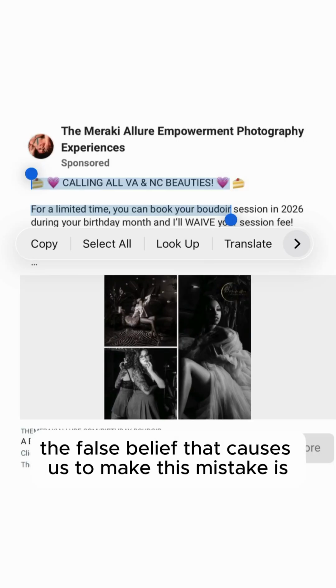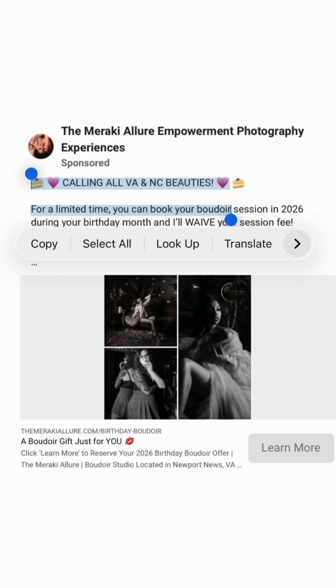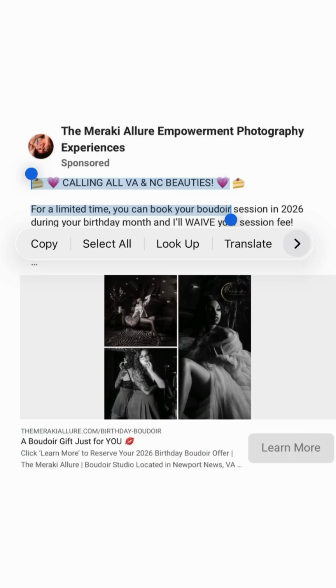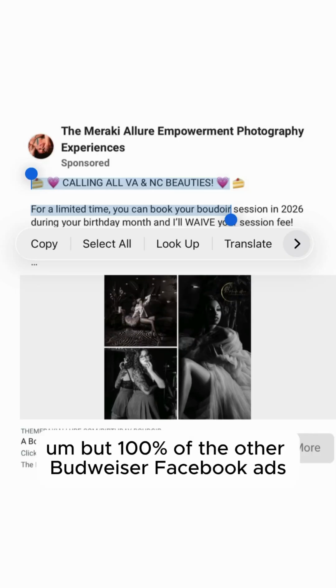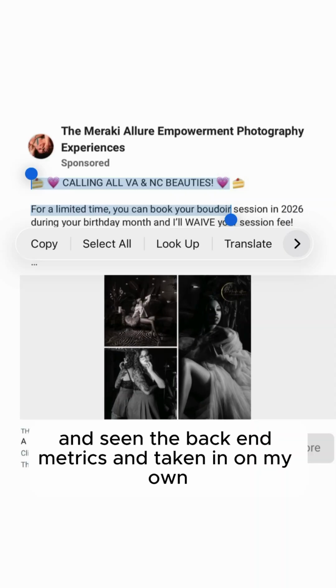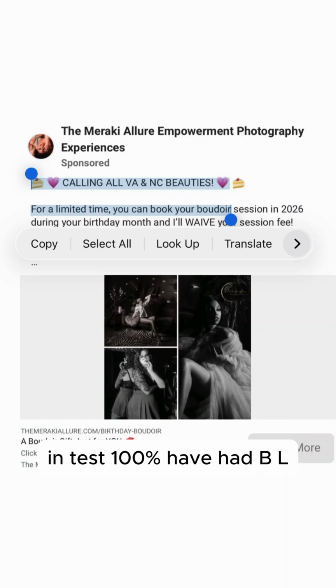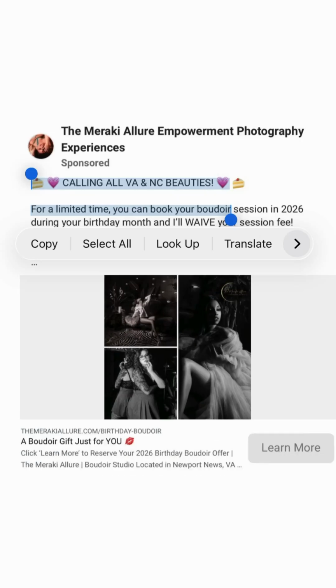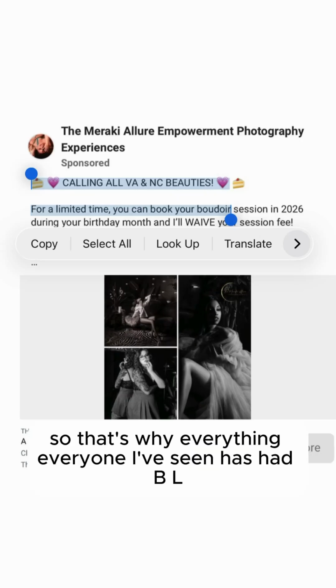The false belief that caused us to make this mistake is we're doing things similar to what we see other boudoir photographers doing. But 100% of the other boudoir Facebook ads I've seen and seen the back end metrics on, and taken in on my own and tested, 100% have had BLCS, Boudoir low click syndrome. So everyone's making the same mistakes. That's why everyone I've seen has had BLCS.